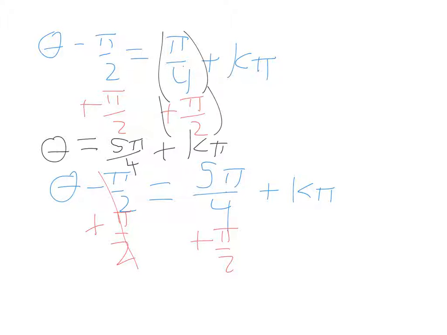So whenever we add pi over 2 to both sides on the second equation, we get that theta is equal to 5 pi over 4 plus pi over 2, which I believe would be 7 pi over 4, plus k pi.